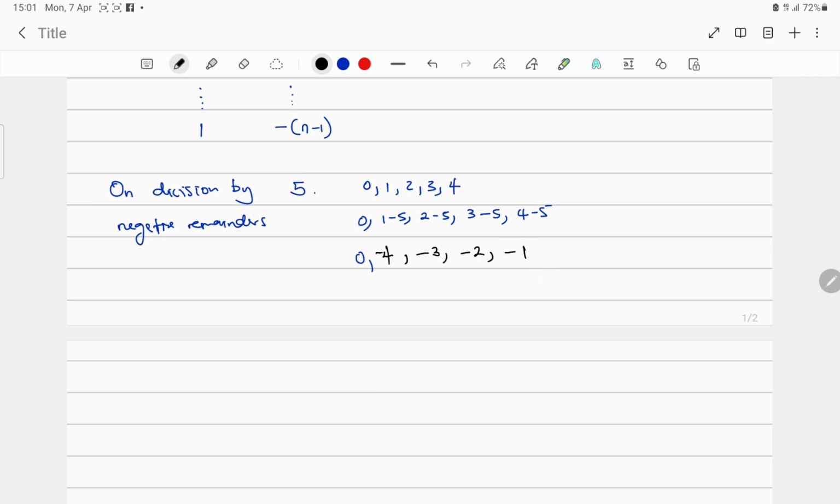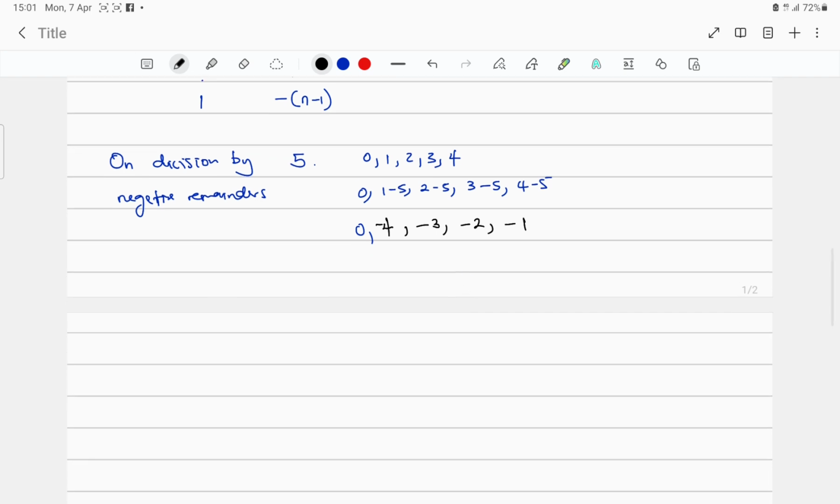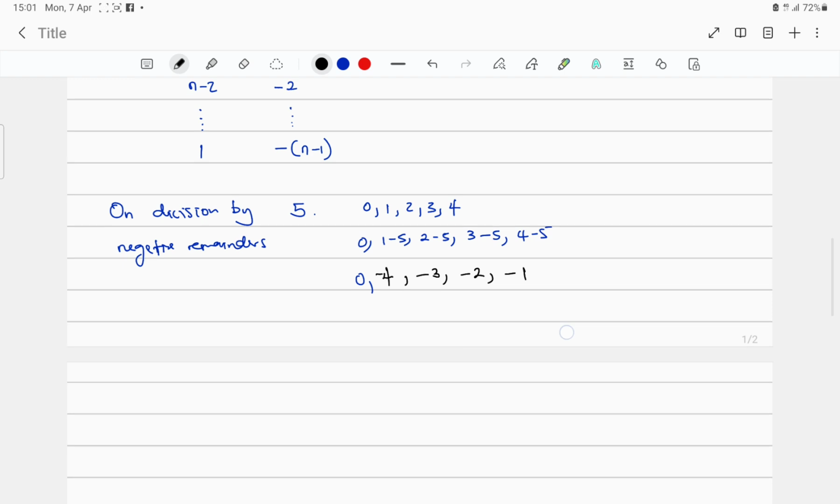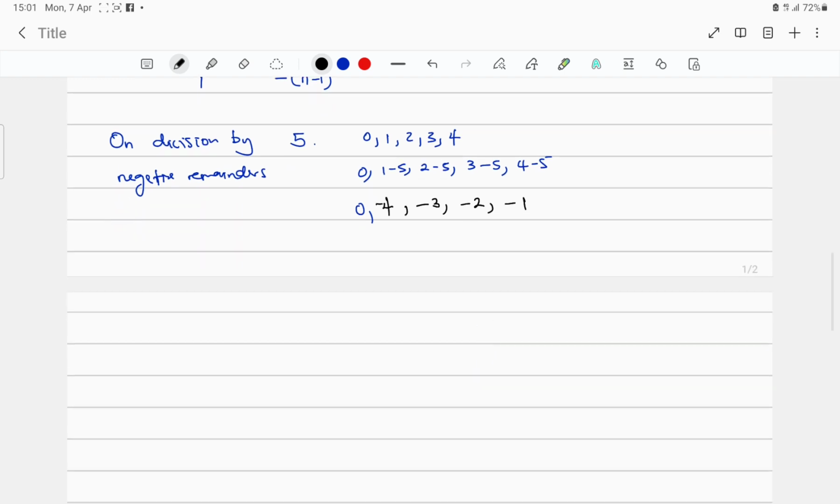So if we are now talking about congruences in terms of these remainders, we'll be saying 0 is congruent to 0 mod 5, and 1 is congruent to minus 4 mod 5.